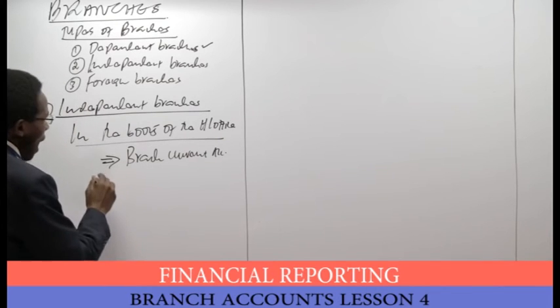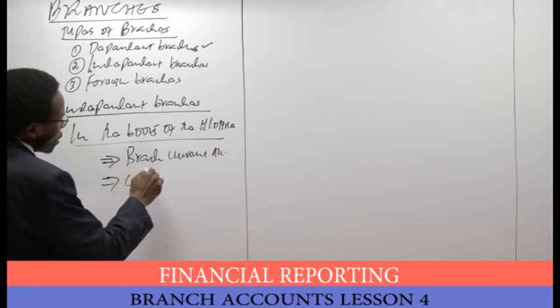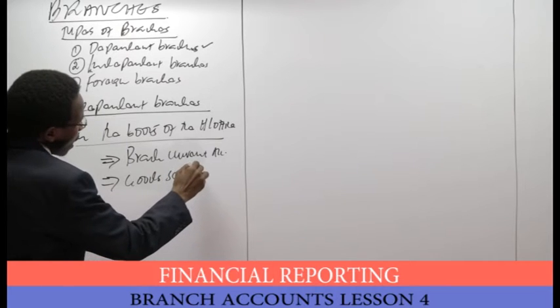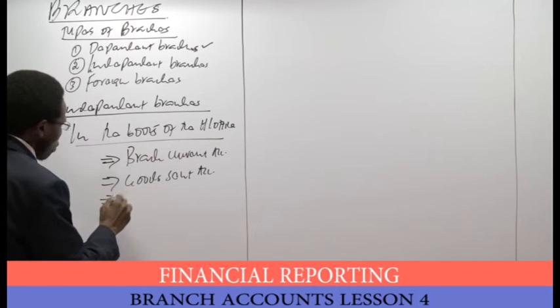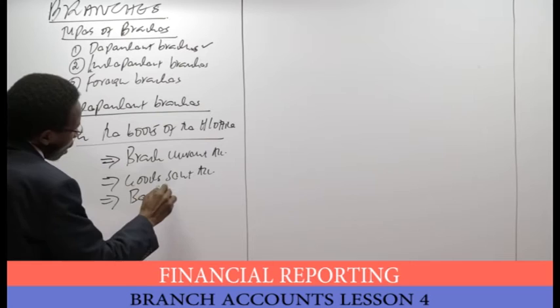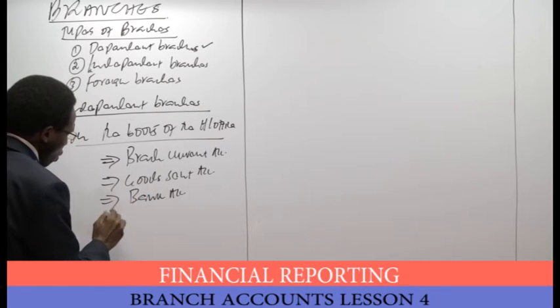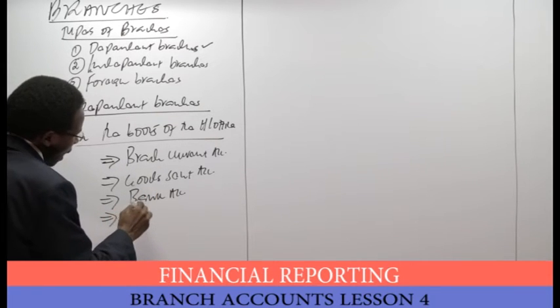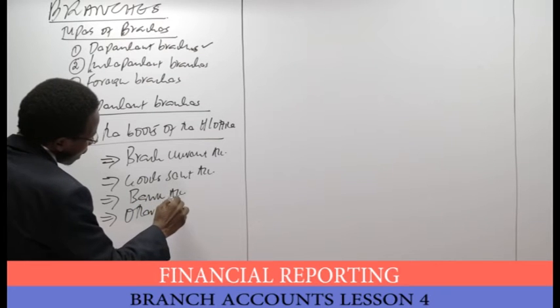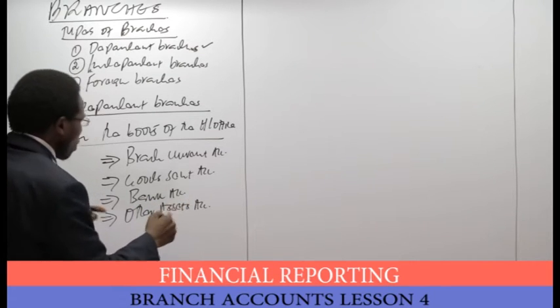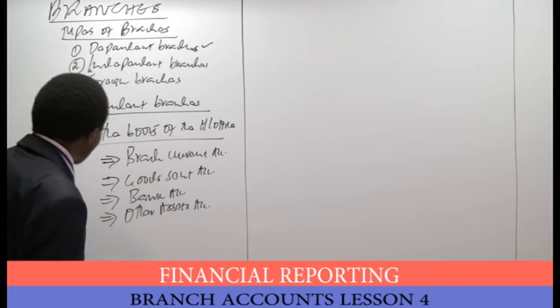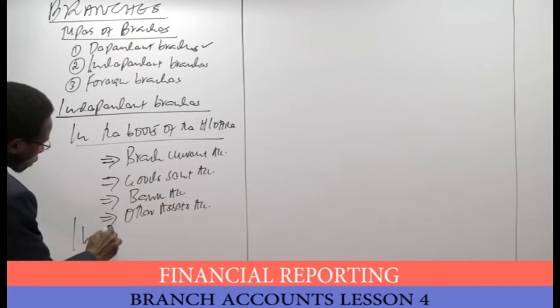We have other items like the goods sent account. We have the bank account. We have other assets accounts, just as usual. That's one of those items that we need to open in the books.